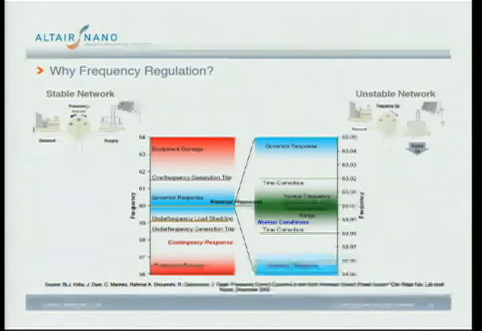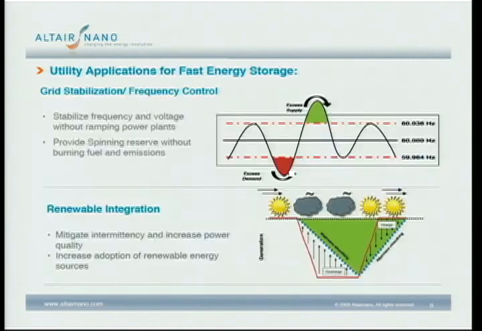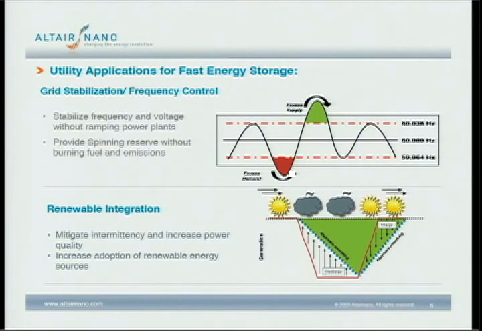Well, typically, going back to this, it is controlled by a control area through an AGC signal, an automatic generator control signal. They're looking at the system and deciding, do I need more power right now? Do I need to absorb some power right now? That's done every 4 seconds.